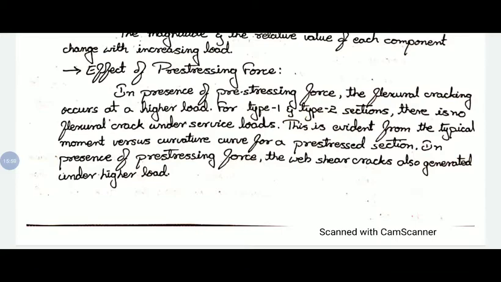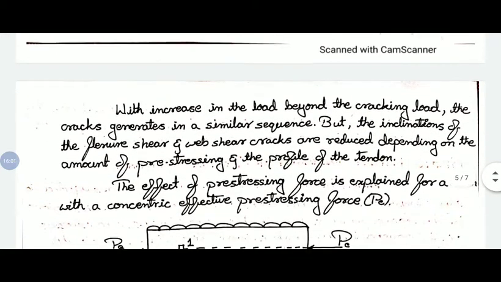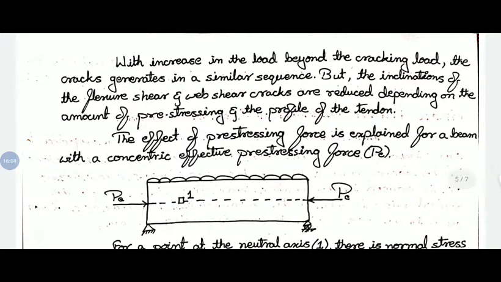So when we increase the load beyond the cracking load, that means the load when the beam just starts to crack, obviously the cracks will generate as in case of type 3 sections only, but the inclinations of the flexural cracks and web cracks are reduced depending on the amount of pre-stressing and the profile of the tendon.